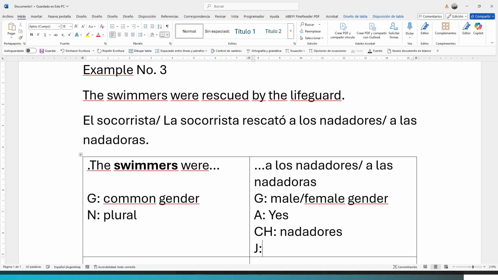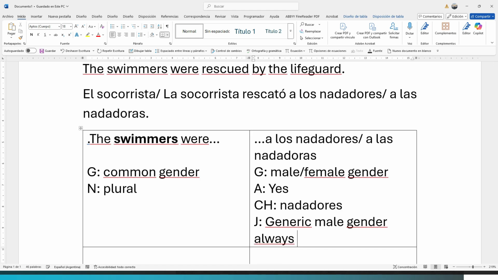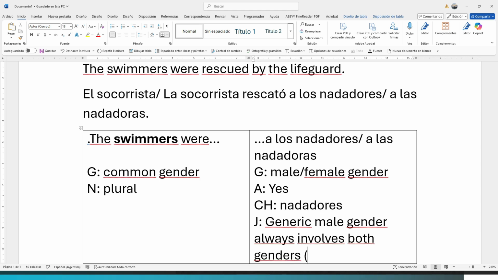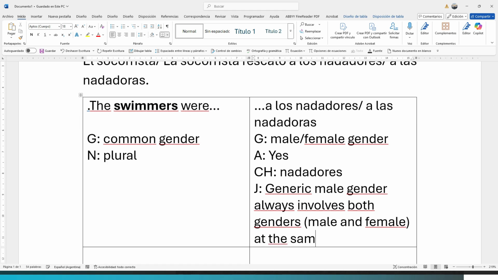Why? As we have already previously said, generic male gender always involves both genders, male and female genders, all together at the same time.